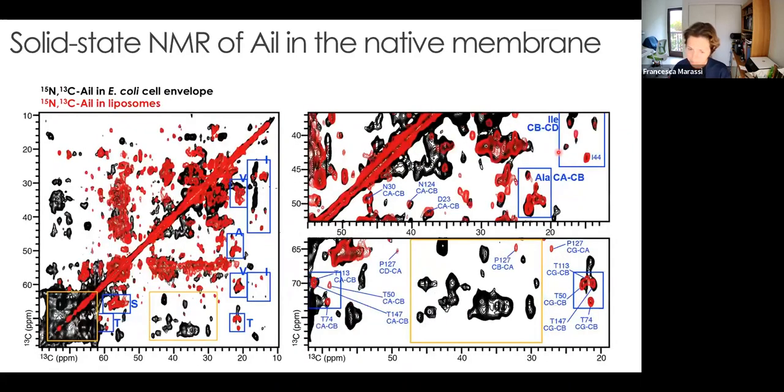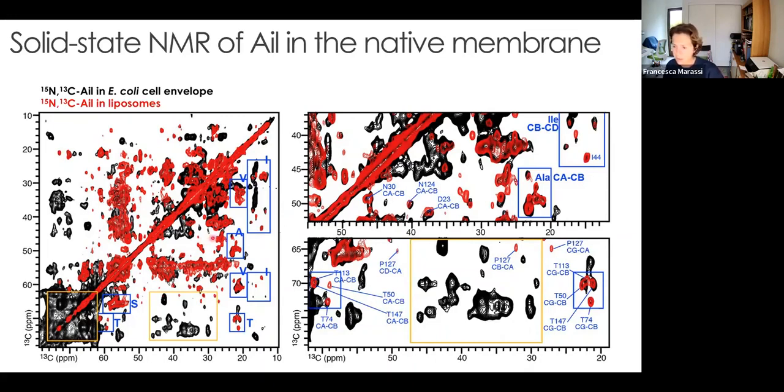Okay, so these spectra also allow us to resolve signals from a number of sites, and these are shown in blue, some of the ones that you can detect from isoleucine, valine, alanine, serine, threonine residues, or signals that we have assigned previously and correlate well across these types of spectra.